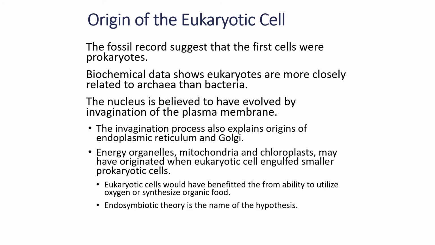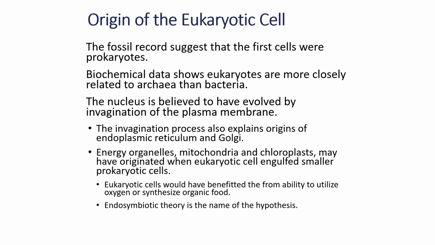ER and Golgi, possibly due to infolding of the plasma membrane. And one of the reasons we think that is because there's bacteria now that has these membrane infoldings that really resemble mitochondria. And they do aerobic respiration, much like the mitochondria does.